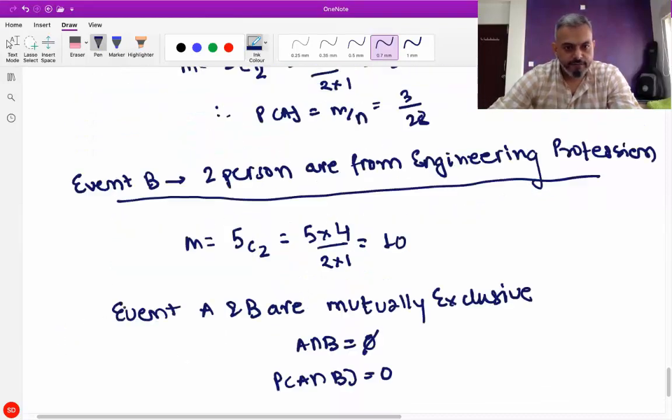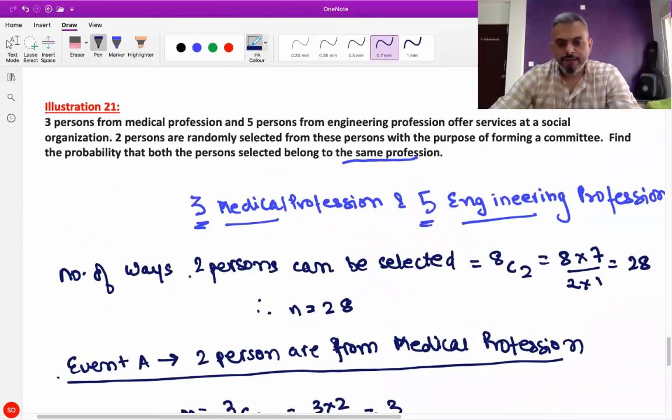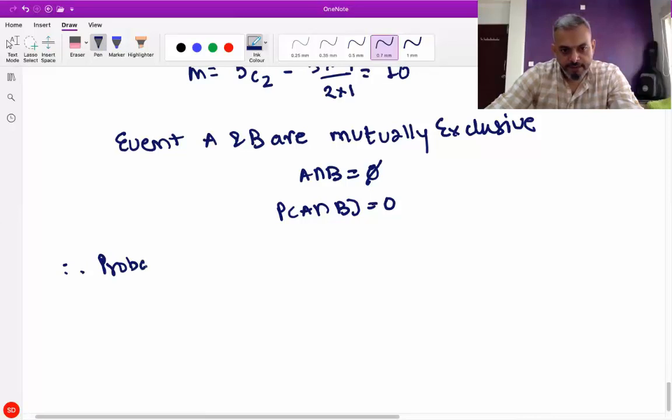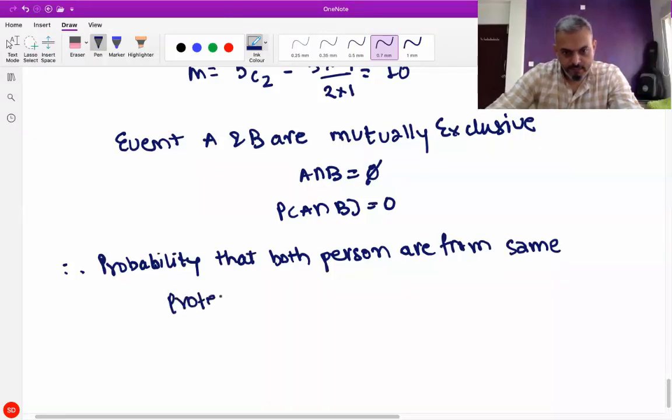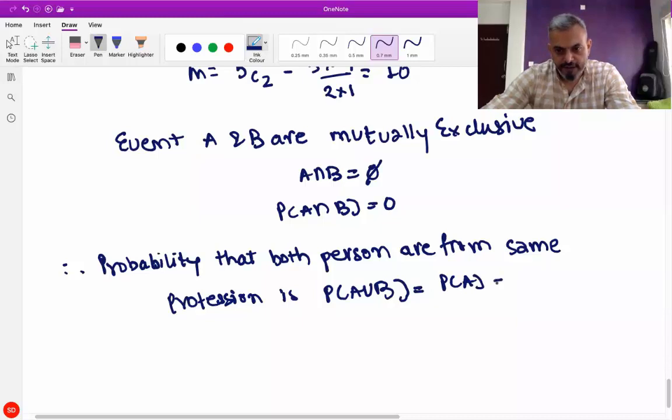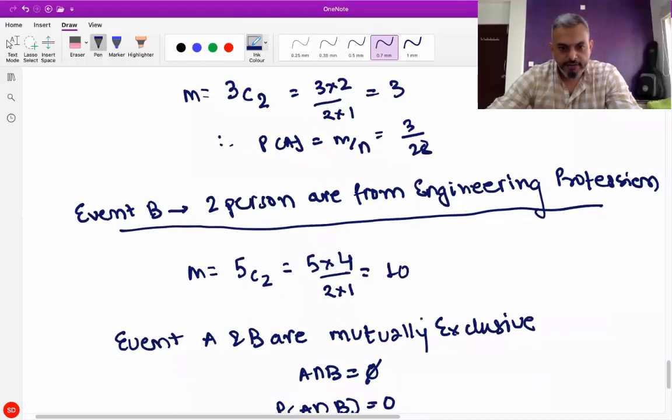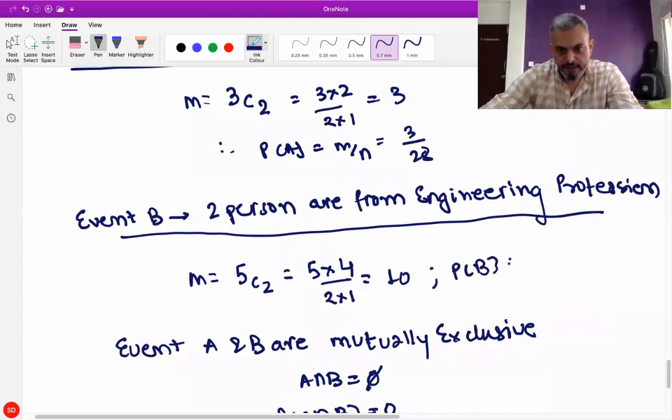So we say therefore what we have to find, the probability that both persons are from the same profession, is probability of A union B. Since they are mutually exclusive, probability of A plus probability of B, which is equal to 3 by 28, and here probability of B is equal to m upon n, which is equal to 10 by 28.